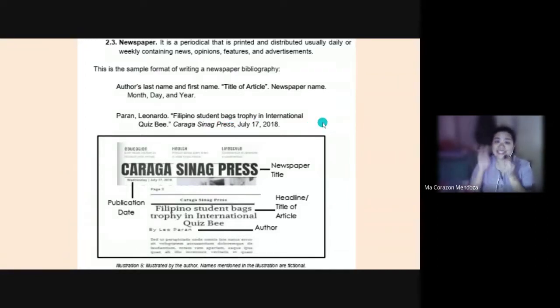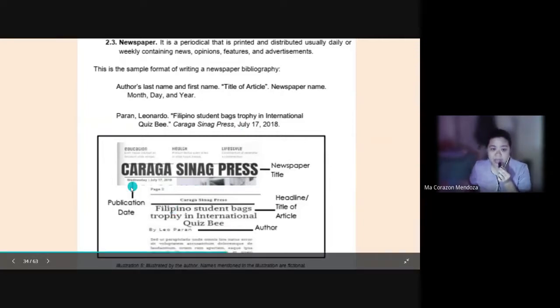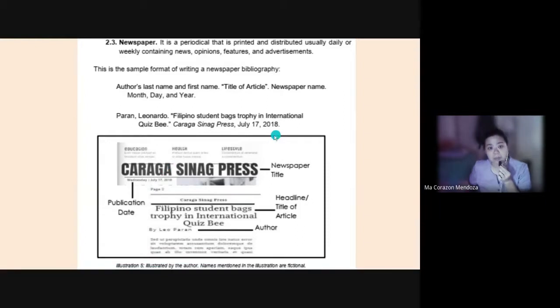It should be inside the quotation. That's the title of the article. Newspaper name, where is it? This one. Caraga Sinag Press, and you put it in italics, comma, and then the month, day, and year. So we can find that over here. July 17, 2018, and then the period. Remember the indentation. Okay.